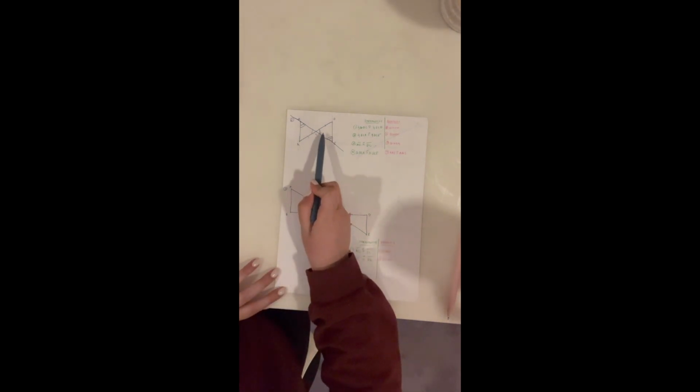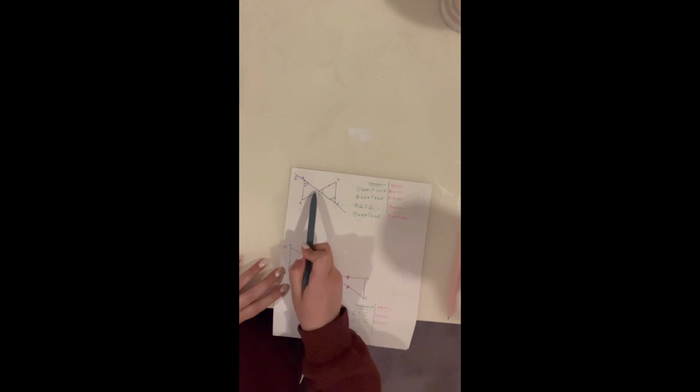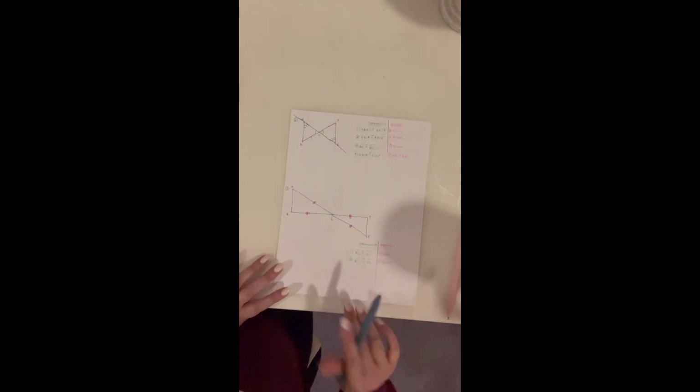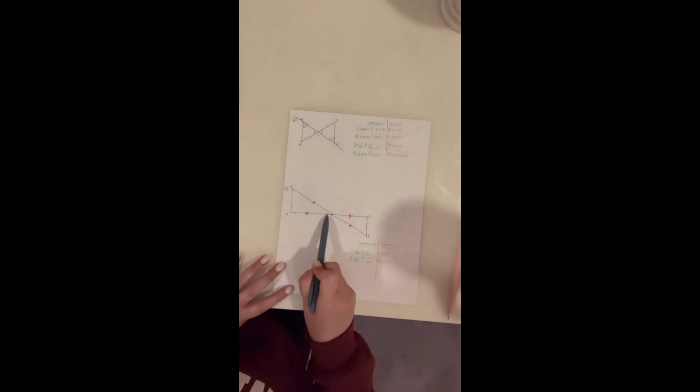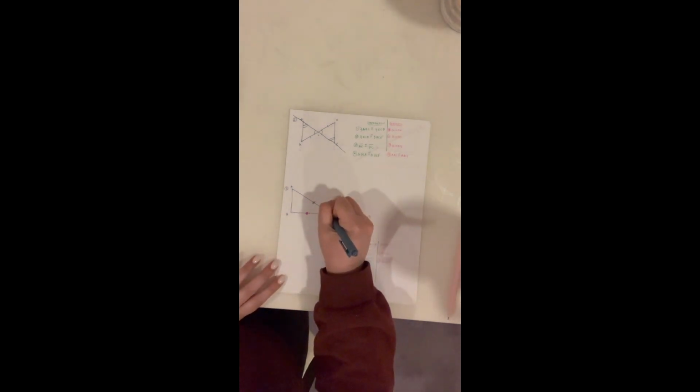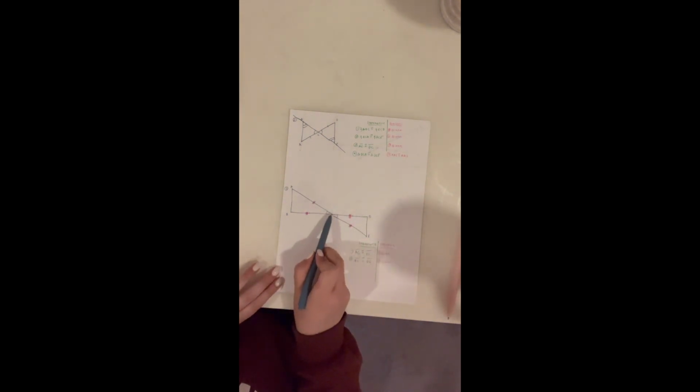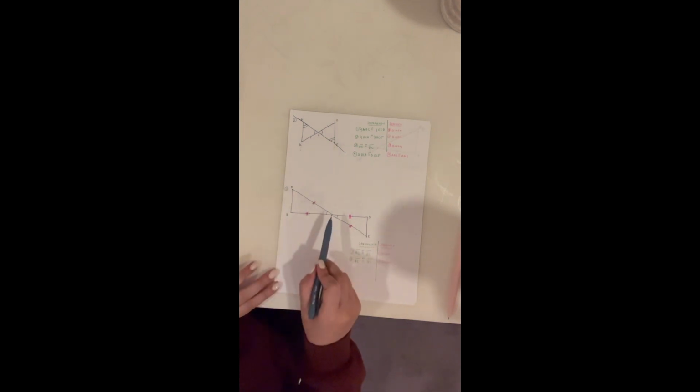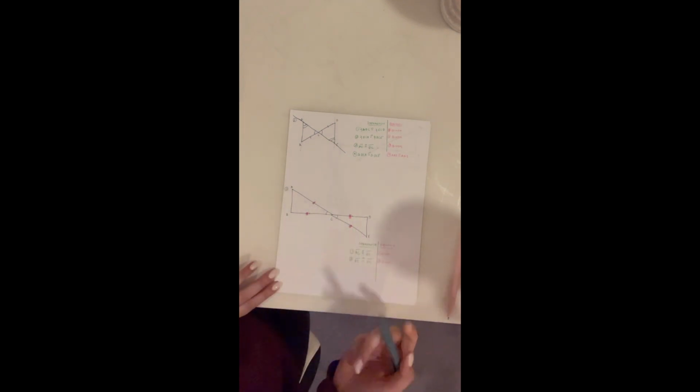But again, earlier we talked about, in this example, that vertical angles are congruent to one another. So if we look again, we can see here that there is another vertical angle, and that vertical angle is congruent to that vertical angle. So we can say that the angle from this triangle is congruent to the angle from this triangle.